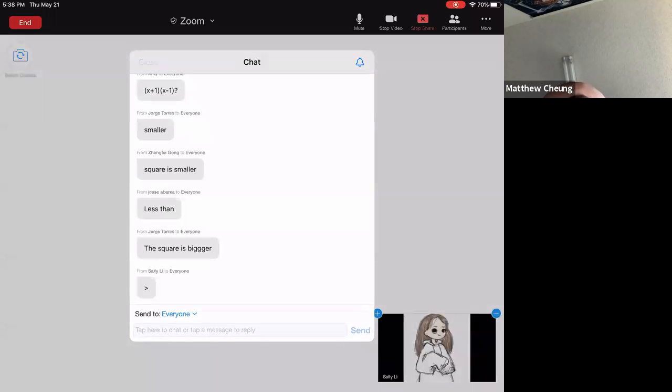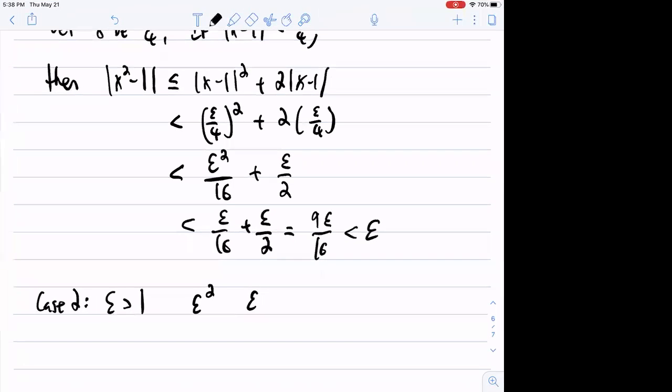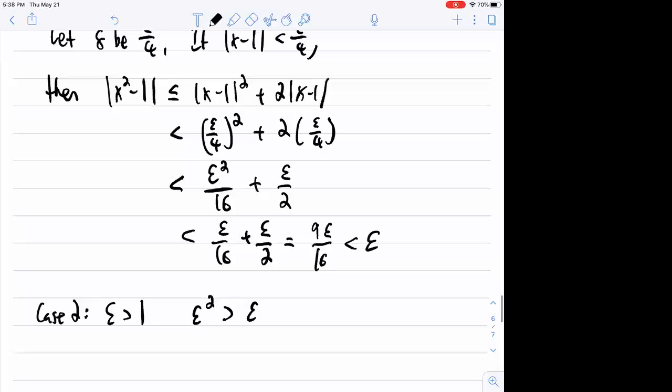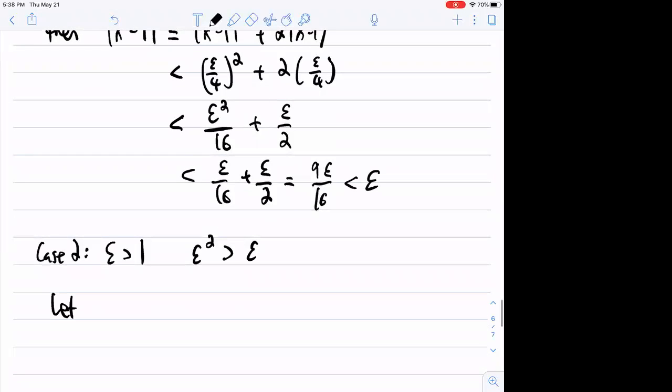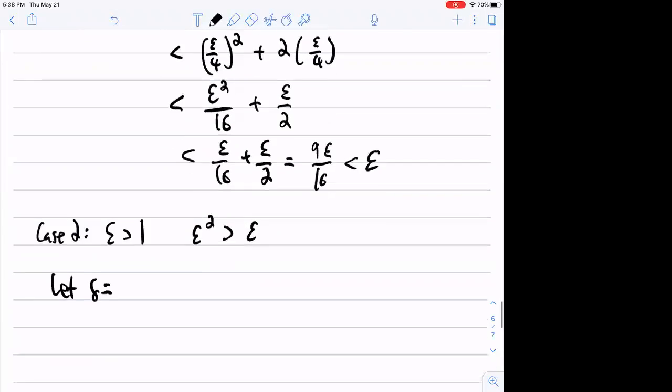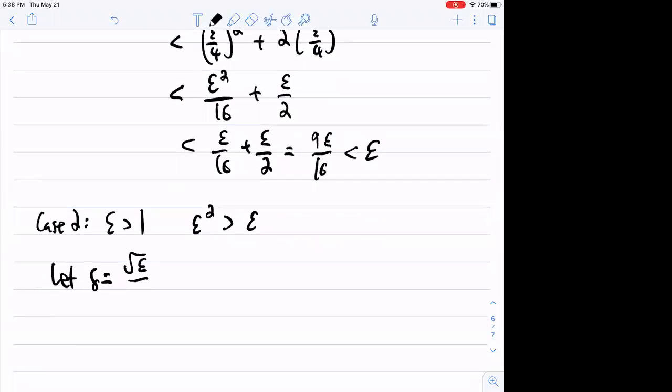So here I get this. So obviously we want to take the square root now because we want to do it the other way. I think this should work. So let delta be square root of epsilon over 4. Let me just try this.